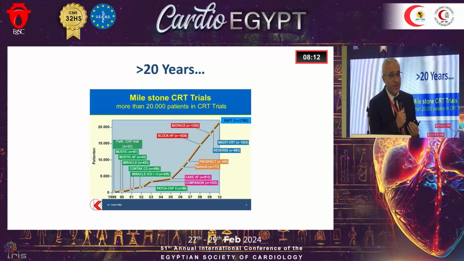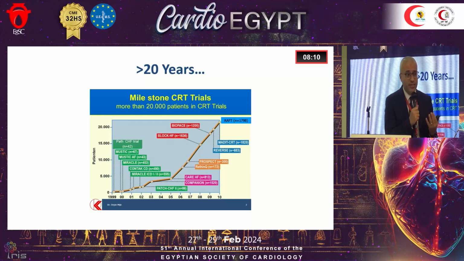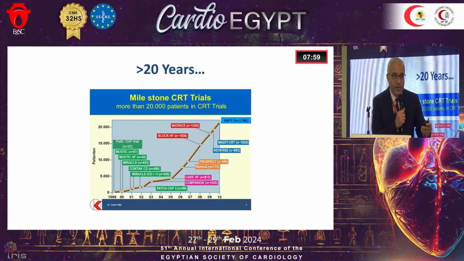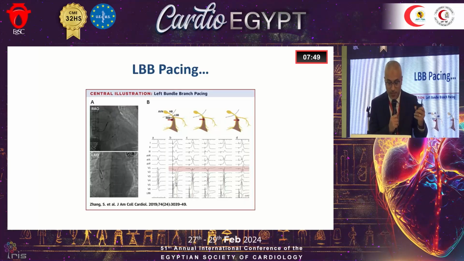CRT has a very strong body of evidence, more than 20 years, more than 20,000 patients, starting from the late 90s till 2016, in patients with advanced and even mild heart failure. CRT was proven to give benefit regarding mortality, hospitalization, and improvement of quality of life as well.